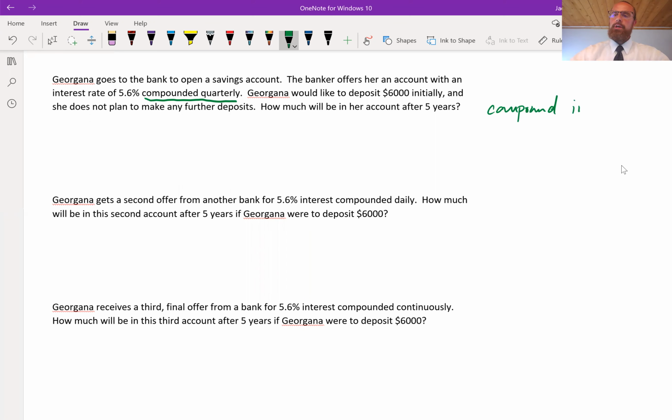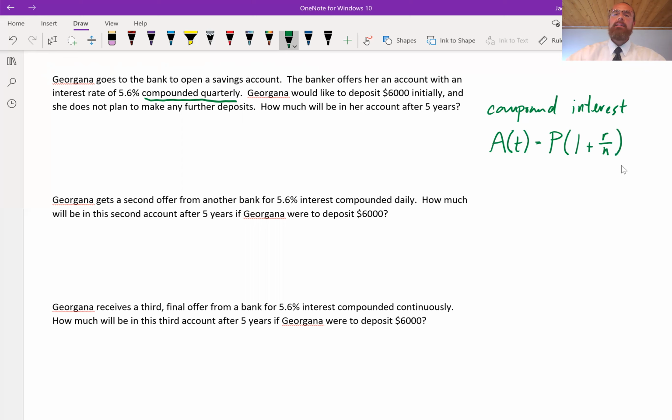The formula for compound interest is a version of what we've been seeing with our exponential growth functions. So it's A of t, some future amount of money that depends on the amount of time that has passed, equals the principal, which is the amount that's initially deposited, times the base, which is 1 plus the rate r over n. n is the number of times the interest is compounded each year.